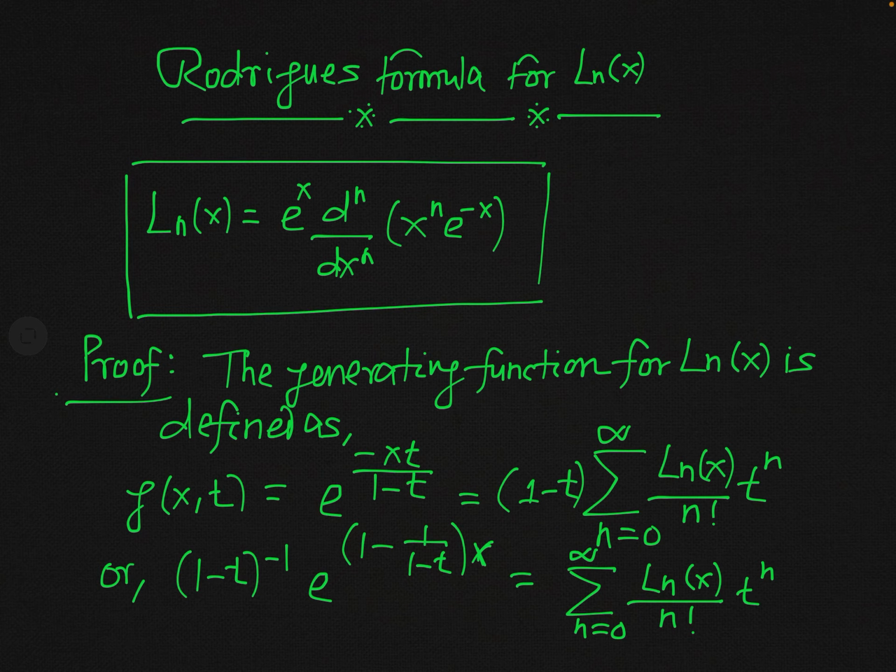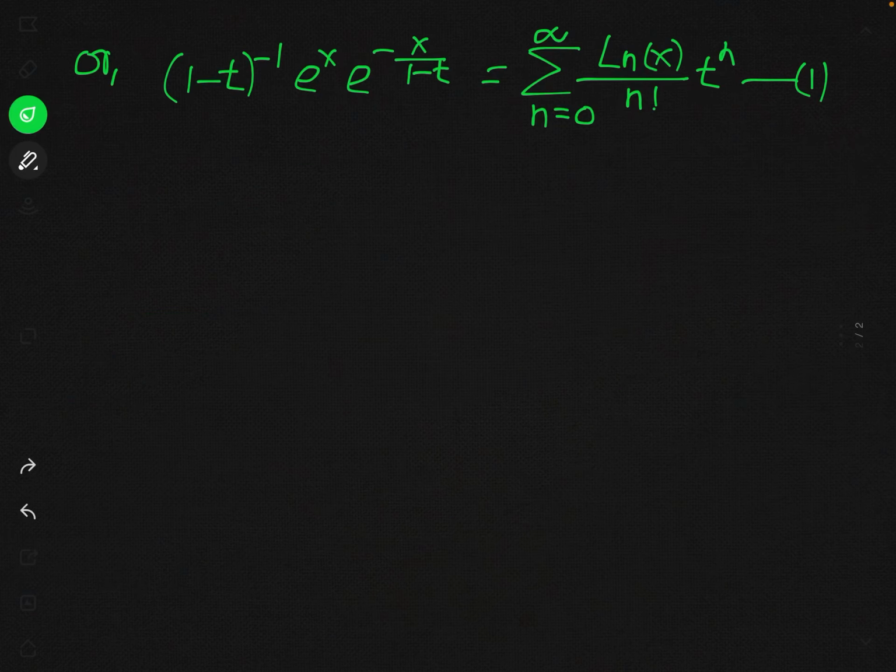You may verify it. And then RHS will be summation n from 0 to infinity Ln of x over n factorial t^n. Now, this exponential factor you may break into two parts. This is e^x times e^(-x/(1-t)), and RHS remains as it is.